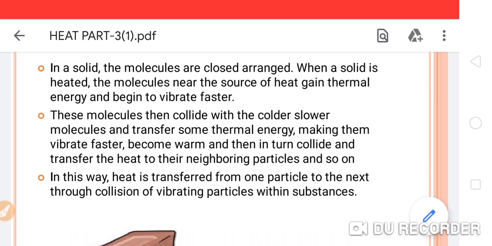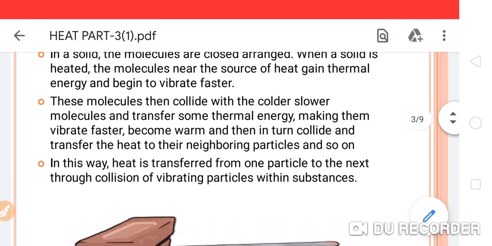Now next point, these vibrating molecules, which have already gained energy, collide with the colder, slower molecules and transfer some thermal energy, making them vibrate faster. They lose that energy by transferring the heat to the neighboring particles, so their vibration slows down.